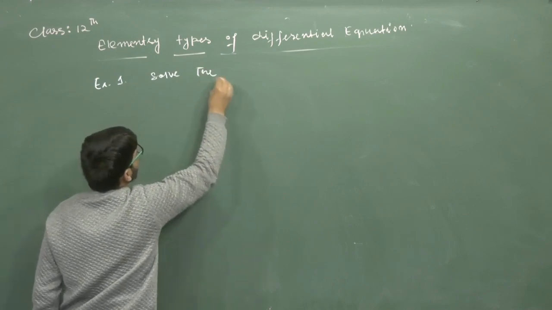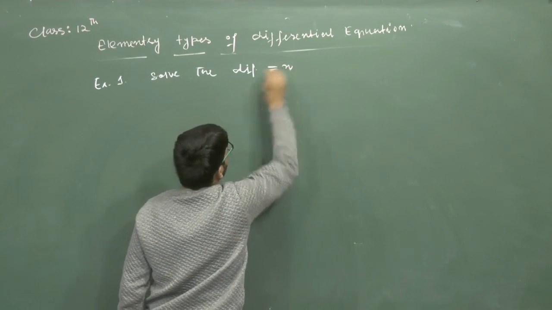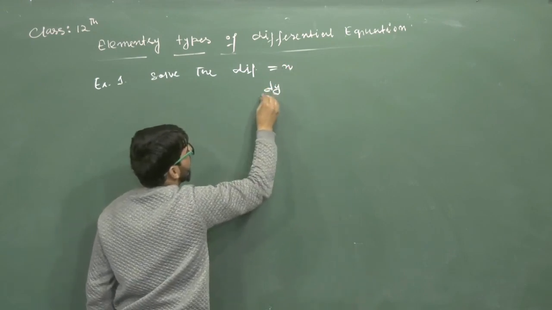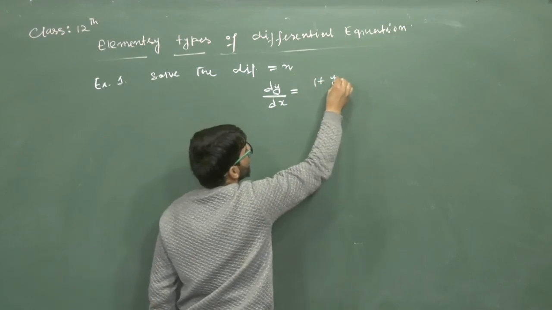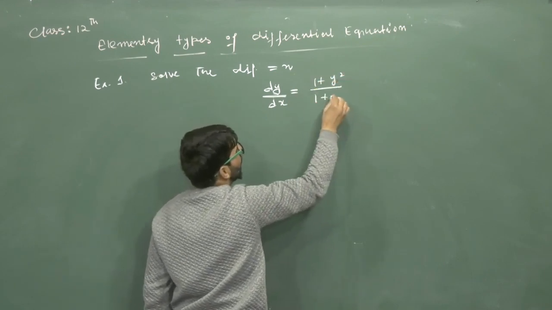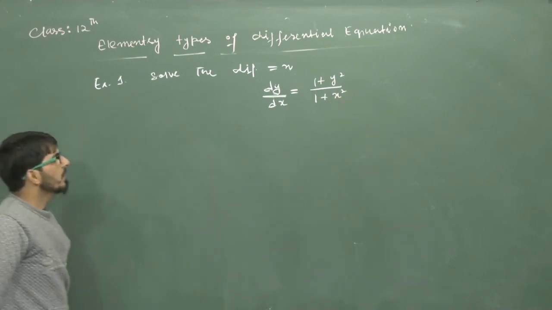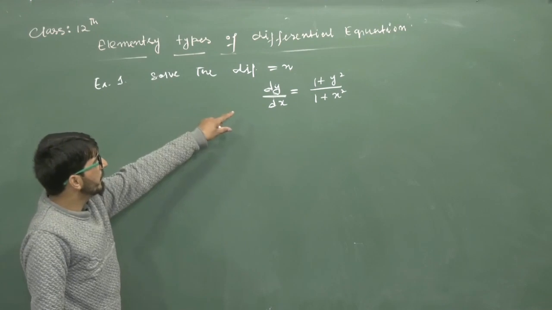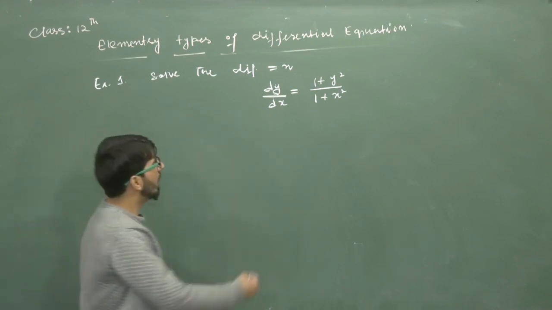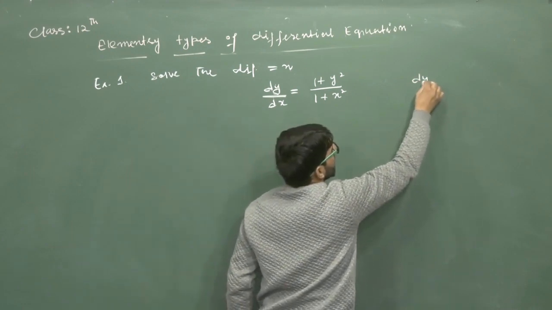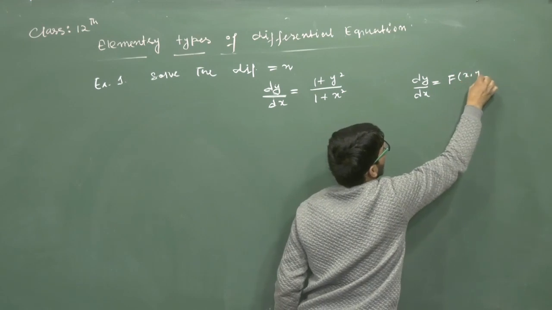Solve the differential equation dy by dx is equal to 1 plus y square divided by 1 plus x square. If we see here, this differential equation is of the form dy by dx is equal to f of x comma y.